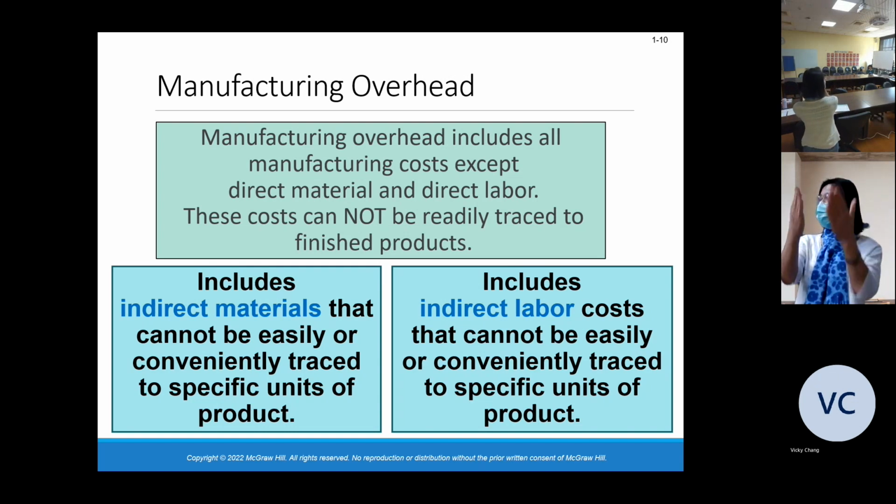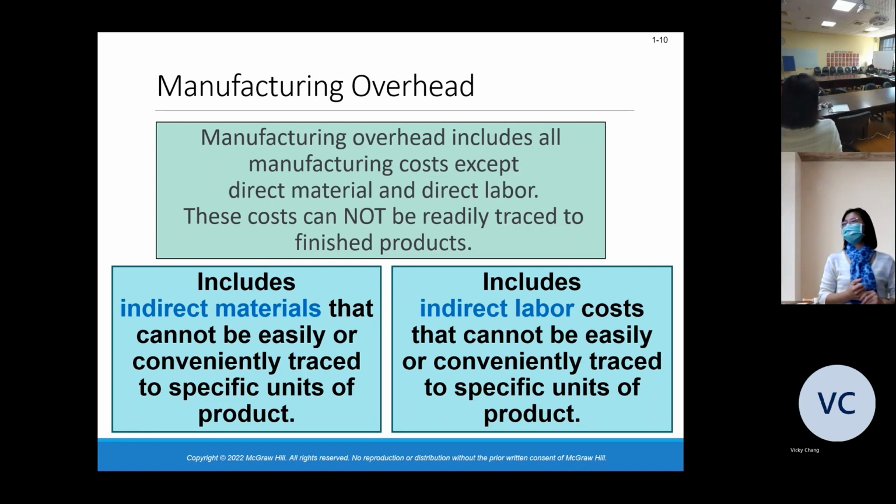We have raw material, work in process, and then finished goods. There are 3 forms of inventories.